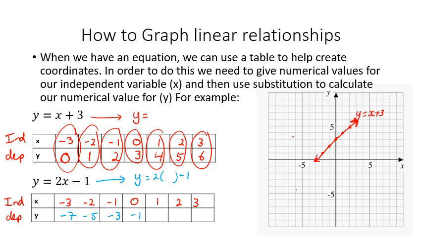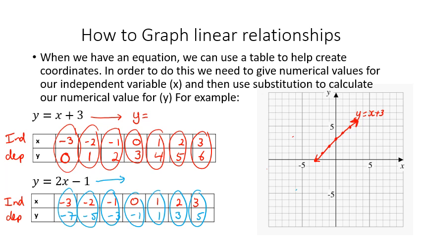So essentially all I'm doing is replacing my x value with my numerical values that I've allocated to work out my value for y. 2 times 1 is 2, take 1 is 1, and you should be able to start to see a pattern here. The blue numbers are going up by 2 each time, and now I have some more sets of coordinates here.